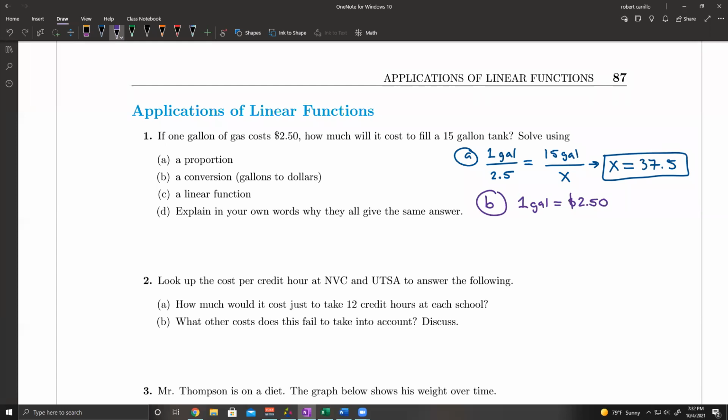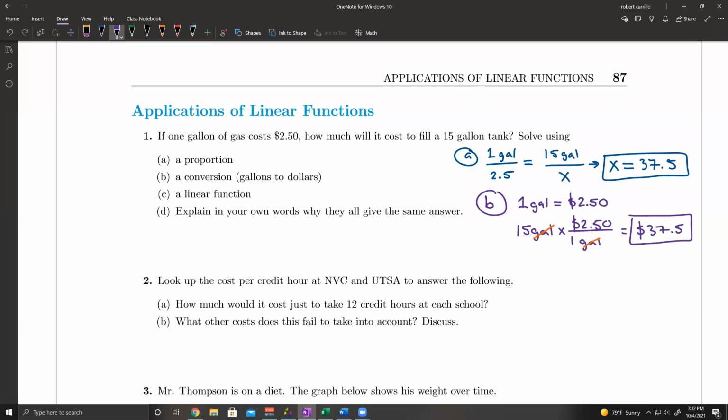So if we wanted to go from gallons to dollars, I think we would set this up as 15 gallons, and then if I do my multiplication tables, you would put 1 gallon over $2.50, or under $2.50. And once again, your gallons would cancel and you would have 15 times 2.50, which again would give you $37.50.